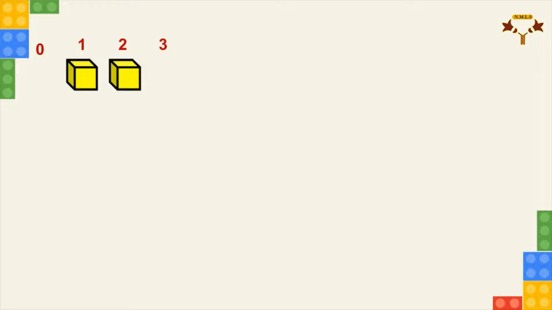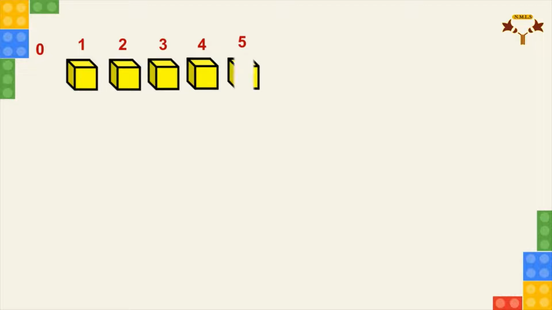Number 3 will be 1, 2, 3 squares. Here I represented the numbers in ones by squares. Number 4, I will represent also by squares, so here I have 1, 2, 3, 4 squares.